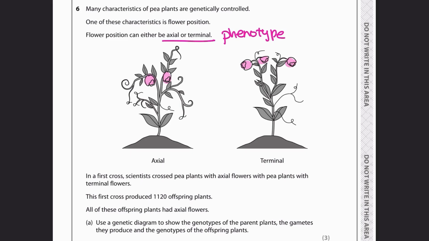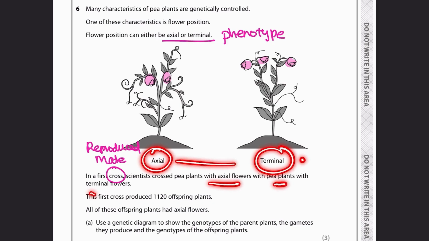Okay, and then it says in a first cross, guys, if you see the word cross, it just means to mate, to reproduce. So they crossed, they mated them. And what they did was they crossed the pea plants with axial flowers with terminal flowers, with these ones. So they put these together.